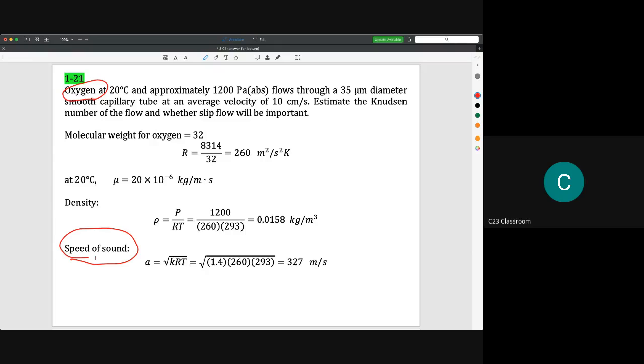So previously we might just calculate the Mach number depending on the speed of sound, which is around 330 meter per second. So this is a constant in a simple situation. So we will take the speed of sound as around 330 meter per second, but this is actually the very basic idea of speed of sound.